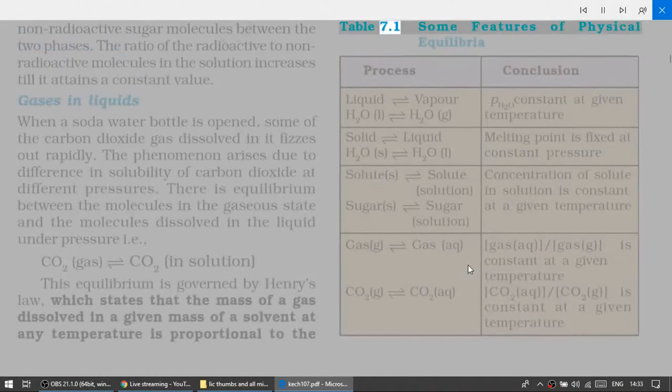Table 7.1. Some features of physical equilibria.